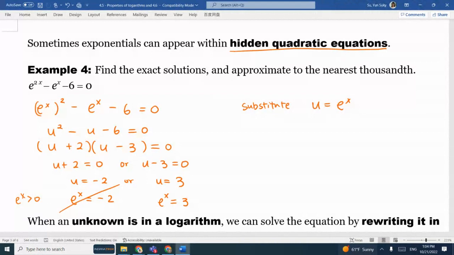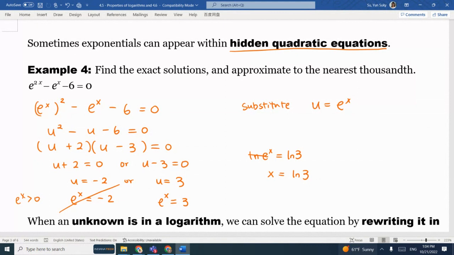Apply natural log on both sides. Thank you. So we got ln e to the x equals ln of 3. Right, everybody? And ln and e cancel. We get x equals ln of 3.